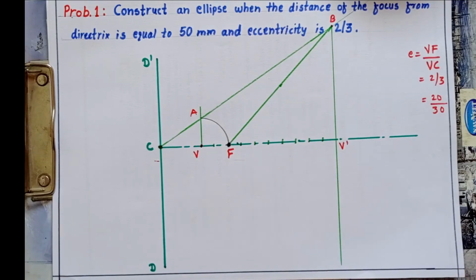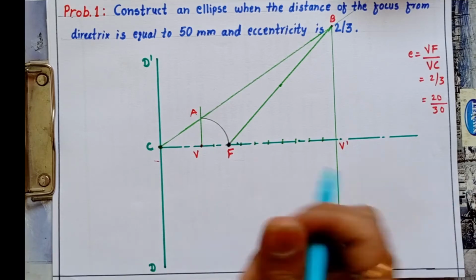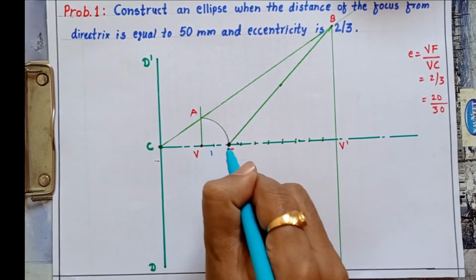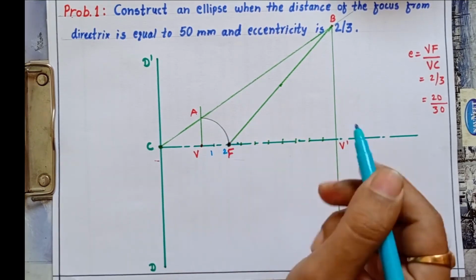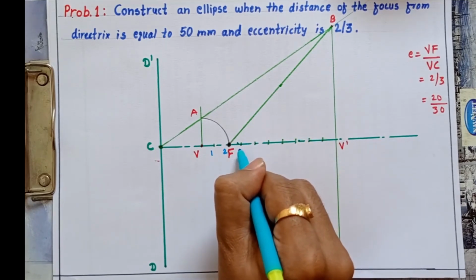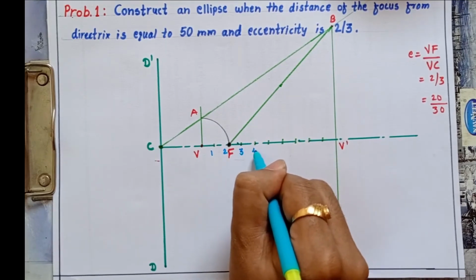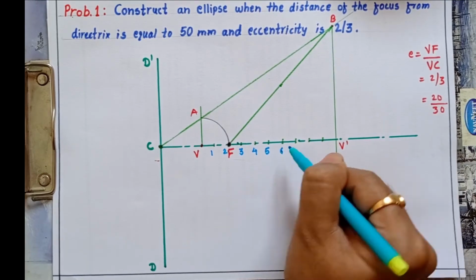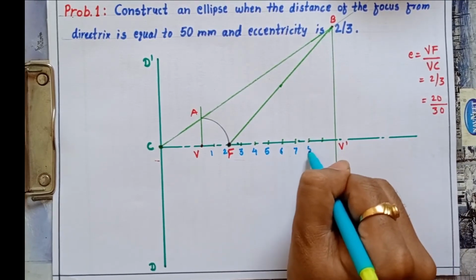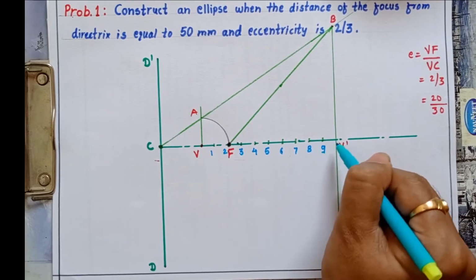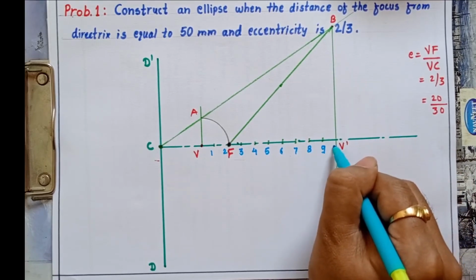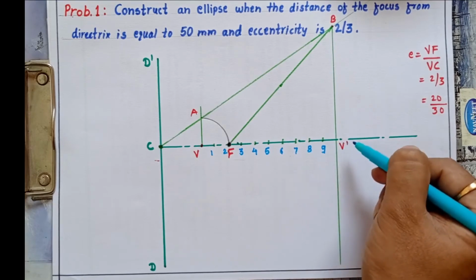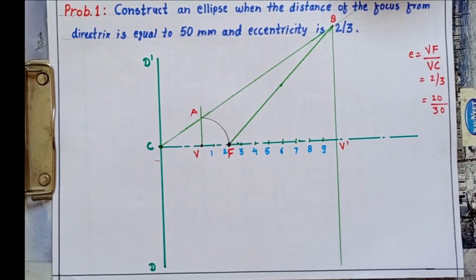We do naming for those points. This is your point 1, this is your point 2, which is similar to the point F. This is your point number 3, 4, 5, 6, 7, 8, 9, and the vertex point will be called 10, or it will remain as V dash.